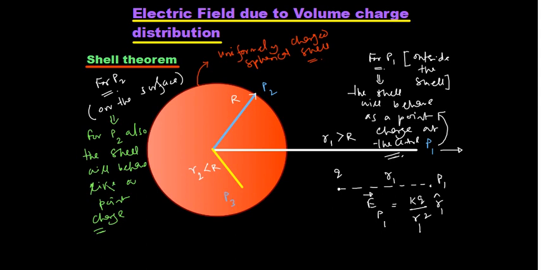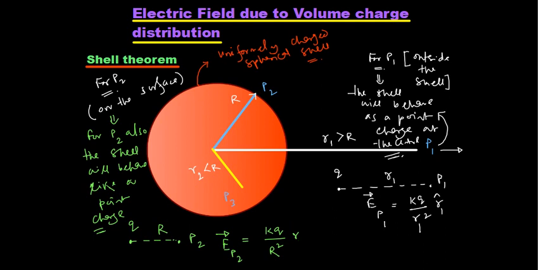That means if I want to see the interaction between this shell and point P2, there is a charge Q at the center. I have taken a point P2 which is capital R distance away. So the electric field at point P2, as a vector, is equal to kQ by capital R square into R cap, sorry, capital R cap.